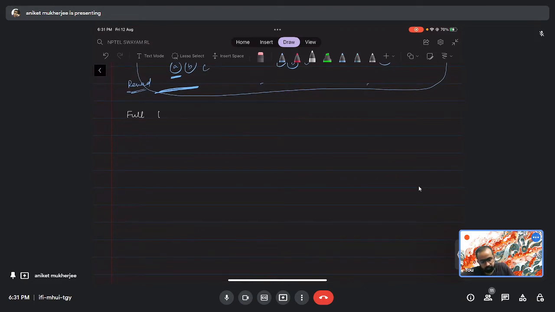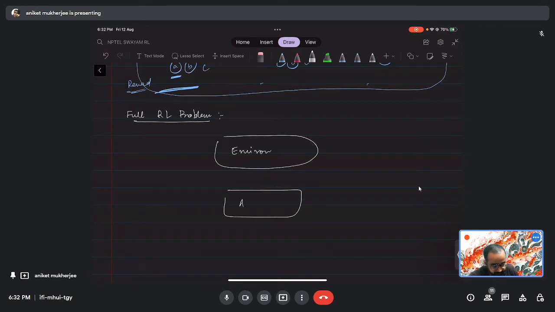full RL problem. So just a very quick introduction to the full RL problem. You have an environment and you have an agent. The agent observes what state the environment is in.